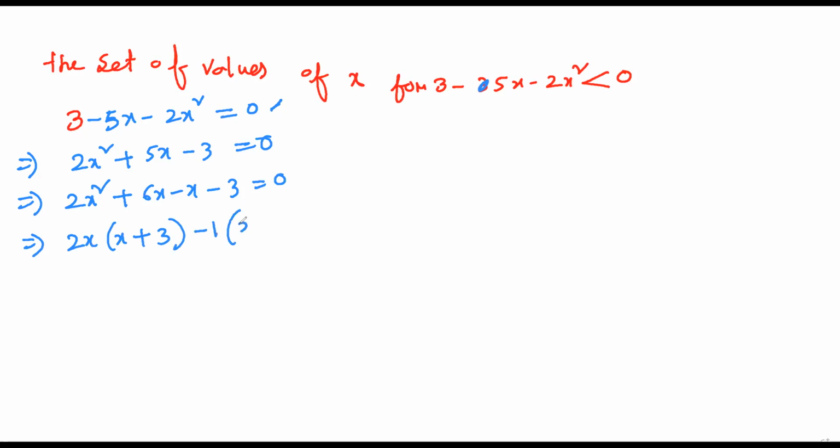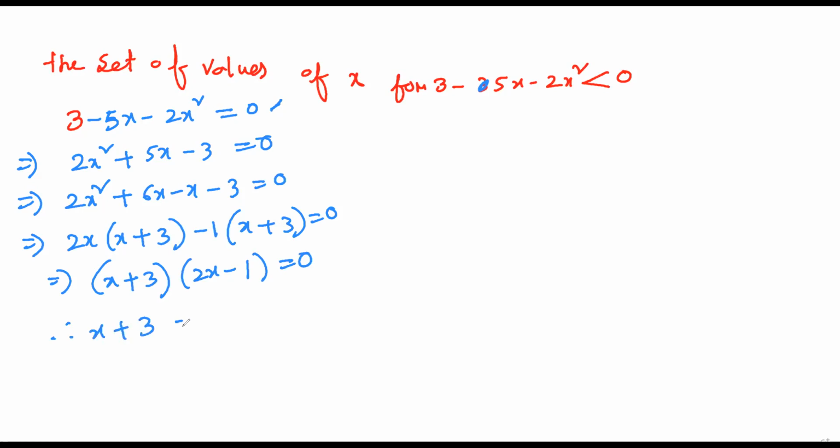If you take common minus, it will be x plus 3 equals 0. So it will be x plus 3 and 2x minus 1 equals 0. After that, x plus 3 equals 0 or 2x minus 1 equals 0. So from here, x equals minus 3 and here x equals half.